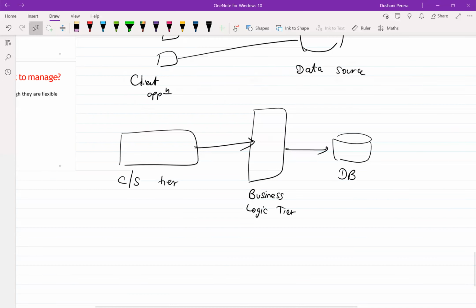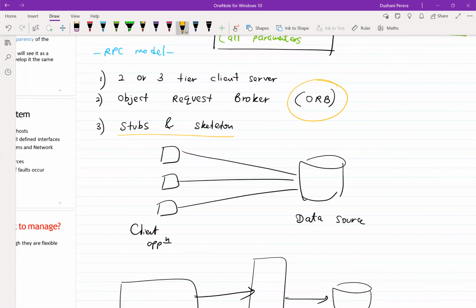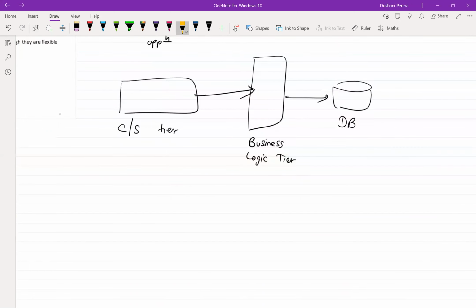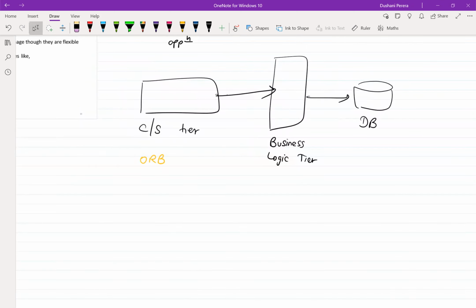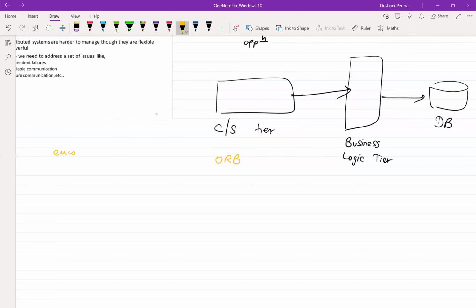That is why we have stubs and skeletons in this picture. Okay, so what an ORB does is, well, it establishes the communication between the two. In addition to that, it encodes the business rules. Okay, it encodes business rules which determine how data can be displayed or created or stored, and changed, and this is handled by the ORB.